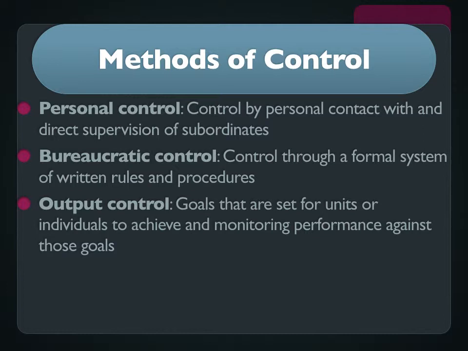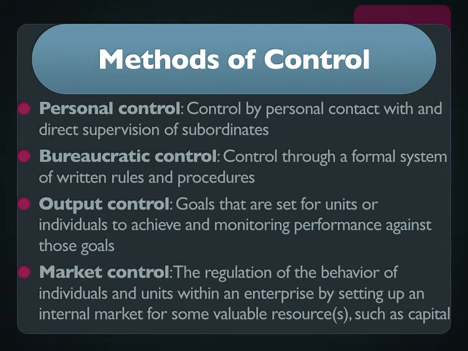And then output controls, these are the goals that are set for units or individuals to achieve, and they monitor their performance against those goals. And then market controls, so regulating the behavior of individuals and units within an enterprise by setting up internal markets for some valuable resource, such as capital.